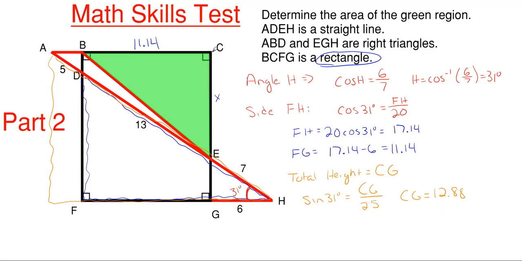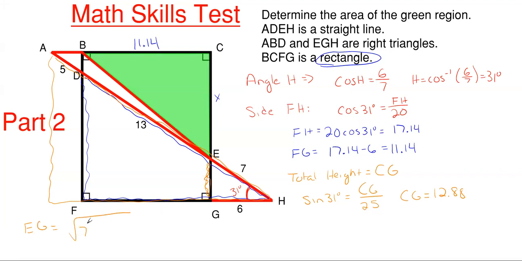So I am looking for CE. CE will be this total length of CG minus what EG is. We can find EG using the Pythagorean theorem for this side, because it is a right triangle.